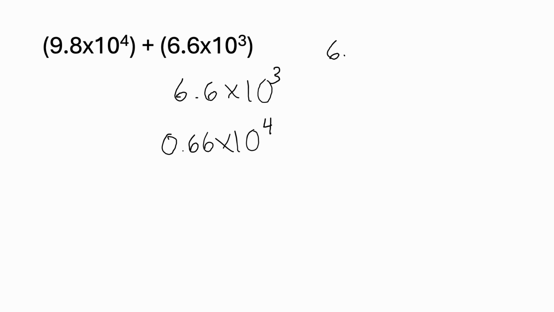Why? Because if we do 6.6 times 10 to the power of 3, the power of 3 means that we move the decimal place 3 times, and because it's a positive integer, we move the decimal place to the right. So it would be 1, 2, 3.